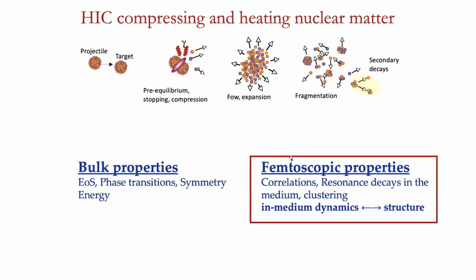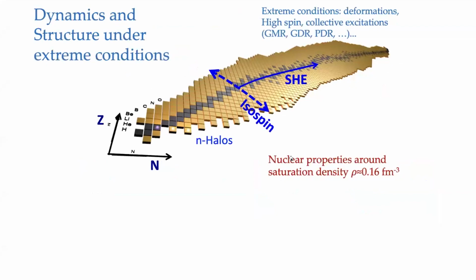And then other types of properties are the femtoscopic properties. I was mentioning before, you can have a lot of resonances that decay. Another way of looking at this problem is that you have the stability line, and also all the nuclei that we know and what people think can be accelerated at different laboratories.